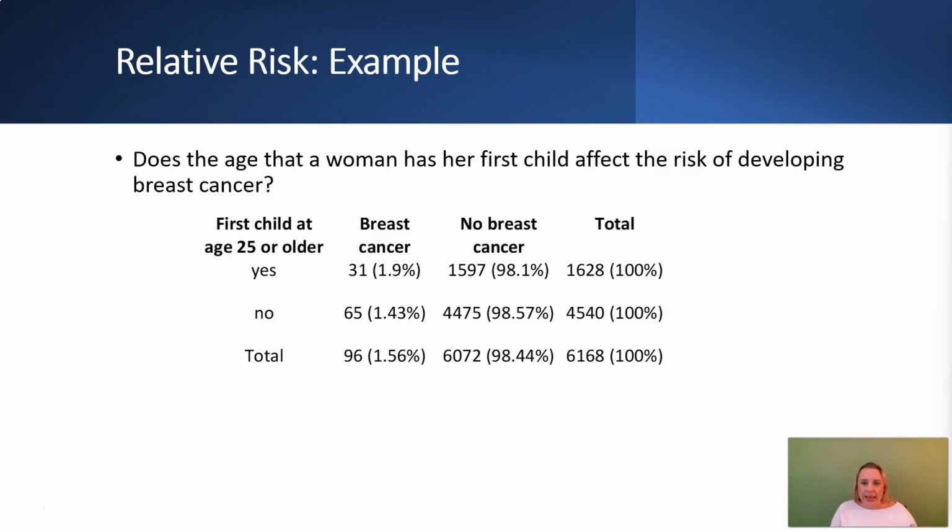So once again, taking your 65 out of your total of 6,168 gives us a relative risk between the two by finding that 1.9% divided by the 1.43% to get a value of 1.33. So what this means is your relative risk is 1.33. So it's higher by 33% if you're over 25.